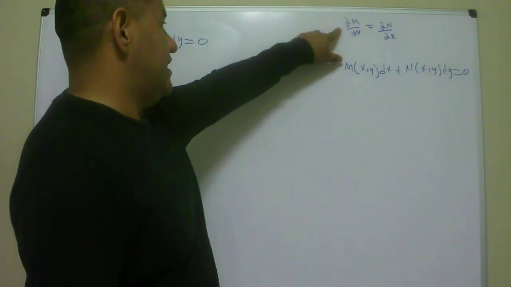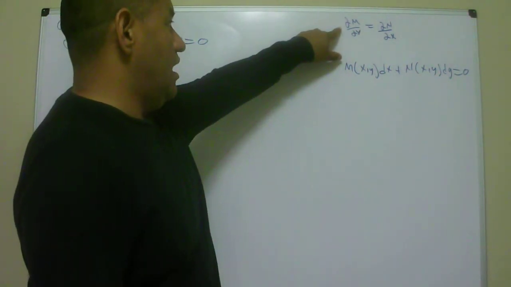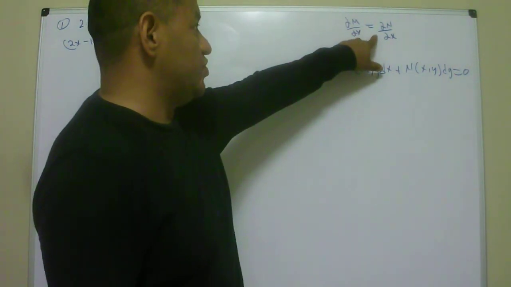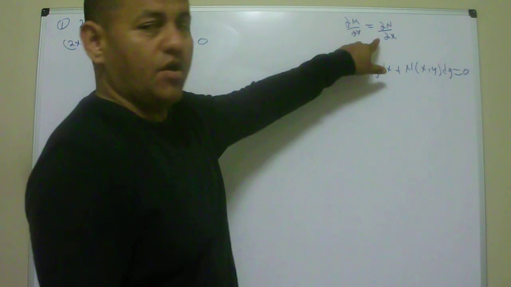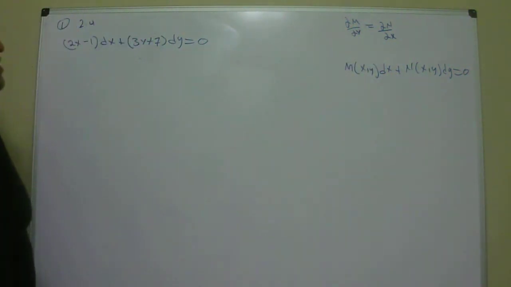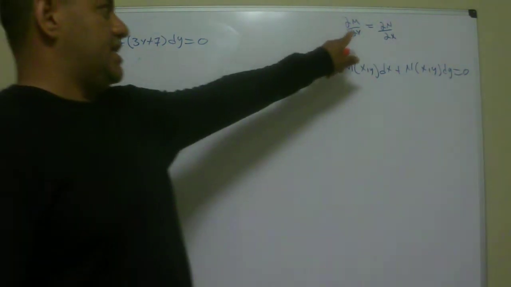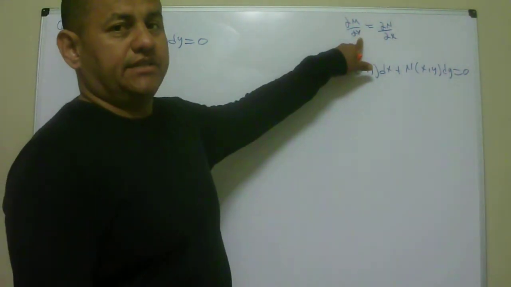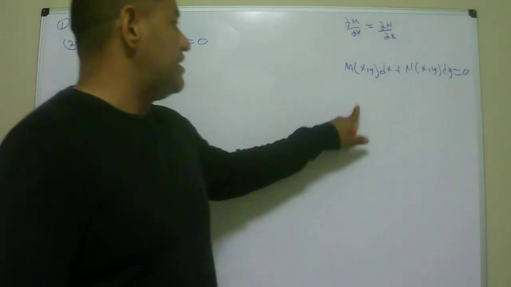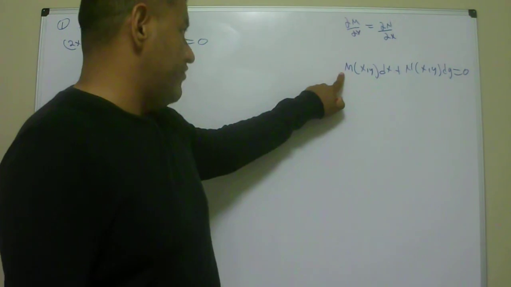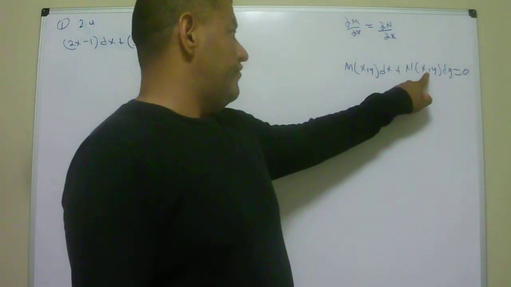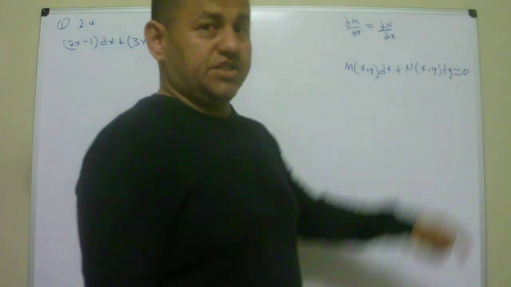We're using that the partial of M with respect to y should be equal to the partial of N with respect to x. This is to check if we have an exact differential equation, and this is the format that the equation should be: M of x comma y dx plus N of x comma y dy equals 0.